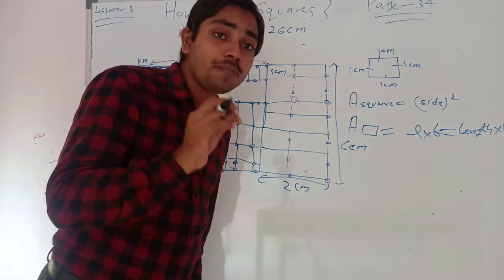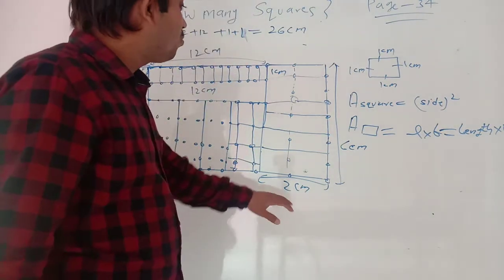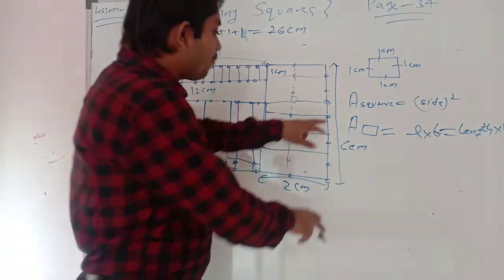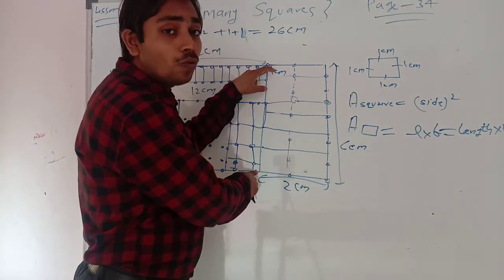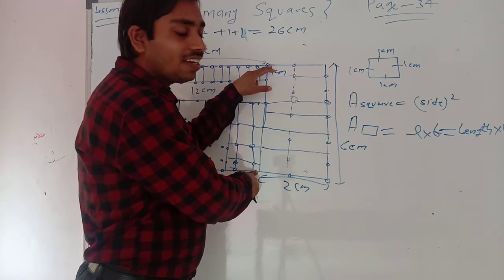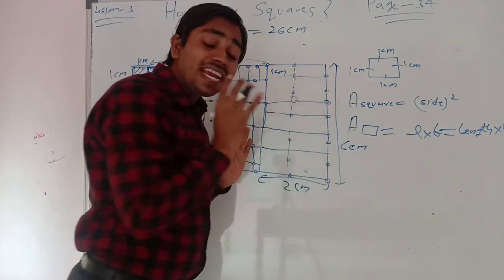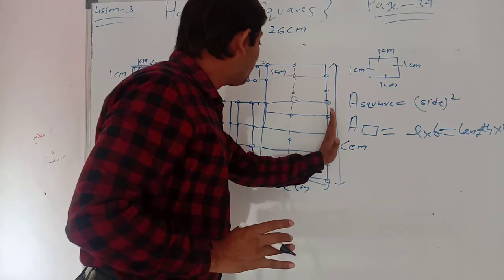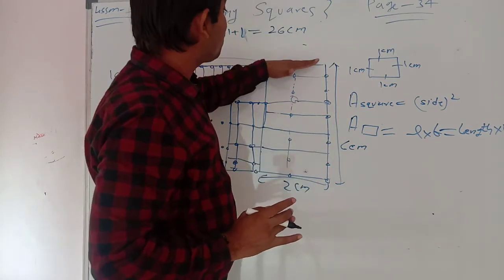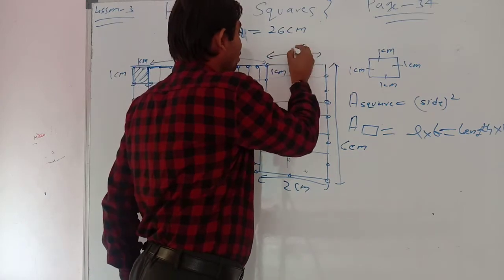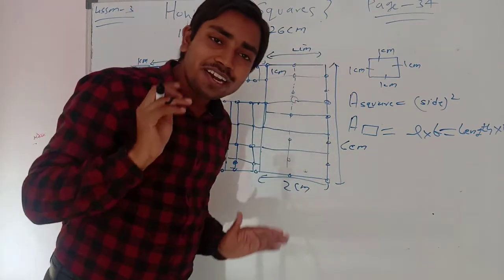Now what will be the perimeter for this rectangle? Do the sum of all sides. Here we got 6 centimeter, then definitely this will also be 6 centimeter. Why? Because it is a rectangle, opposite sides are equal in length. If this is 6 centimeter, this is also 6 centimeter. This is 2 centimeter, this is also 2 centimeter, my dear students. I hope everybody understood.